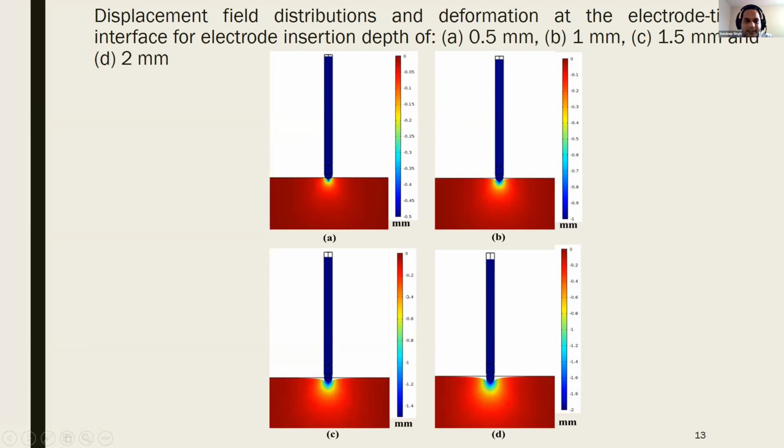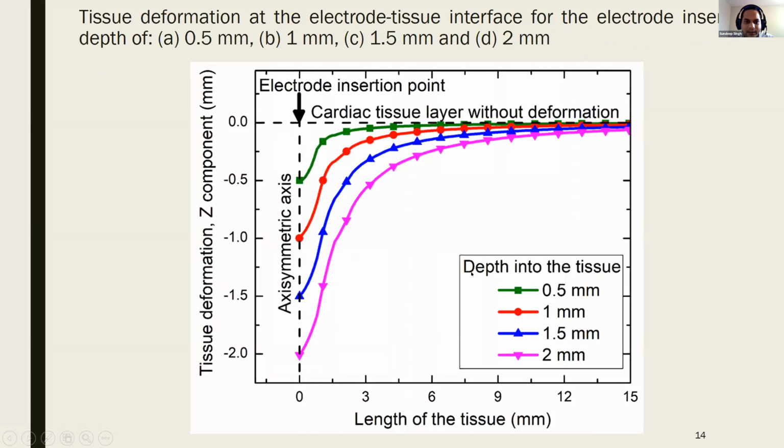So these are the line plots of the same figure that I presented earlier. This will be the tissue without deformation, and these are the deformations for different values of insertion depth. As you can see, there is a pronounced effect of this electrode insertion on the tissue deformation, and this particular region would be completely filled by blood, and it could act as a heat sink, whereby the heat supplied will be taken away by the blood and won't go into the cardiac tissue.